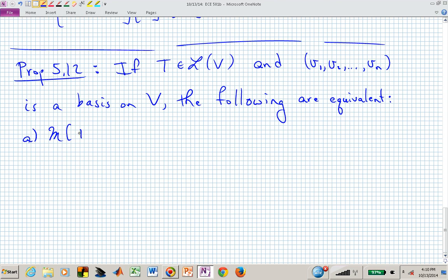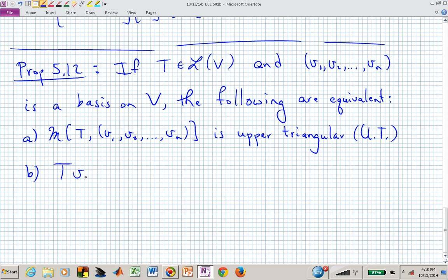One, or A, is if the matrix representation of that linear map T using the basis v1 through v sub n is upper triangular, then that's equivalent to saying that this linear map, or this operator, operating on v sub L will produce a result that's in the span of v1 to v sub L, for each L equal to 1 to n.